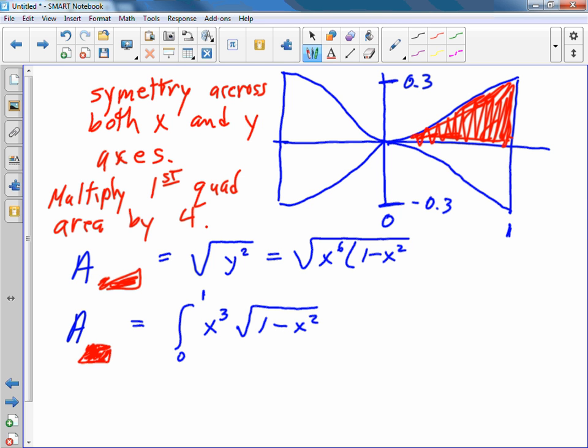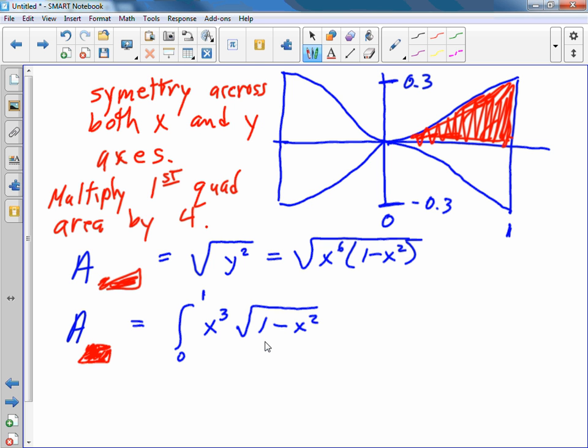That way it equals y. Correct. And we can express it as a function. Okay, so the square root of y squared is y. And the square root of x to the 6th is x to the 3rd. And the square root of 1 minus x squared, we're okay there.